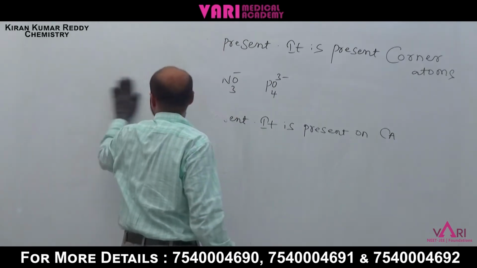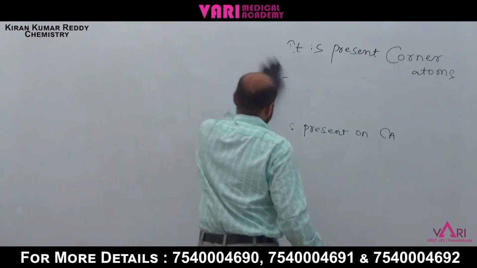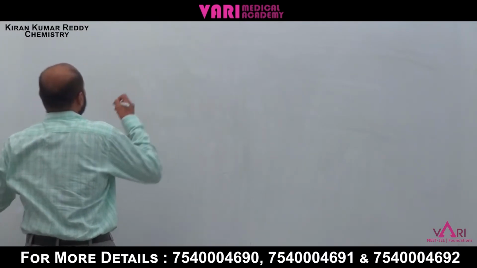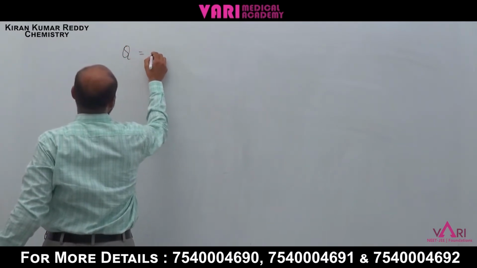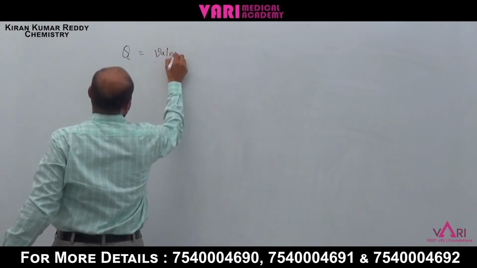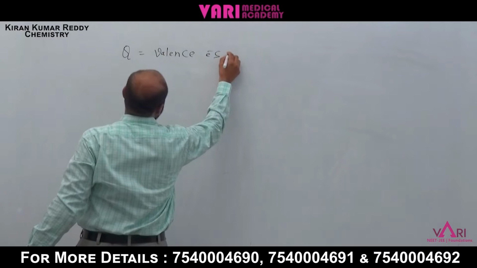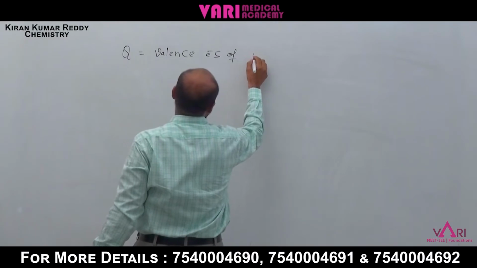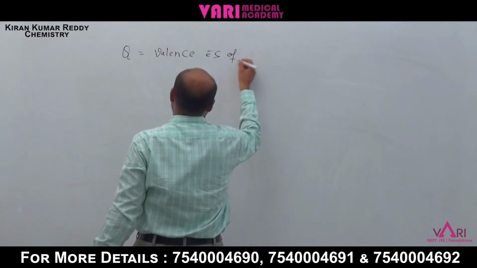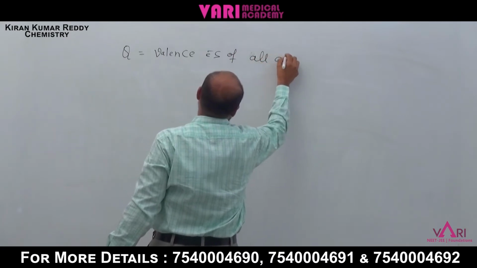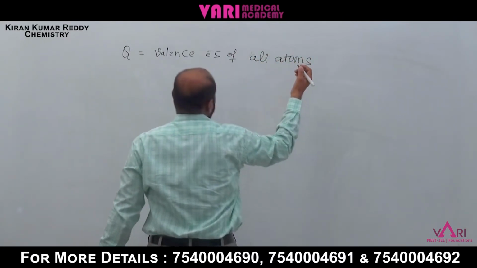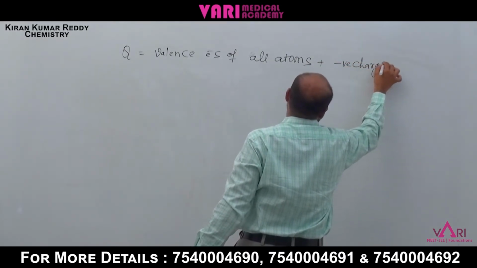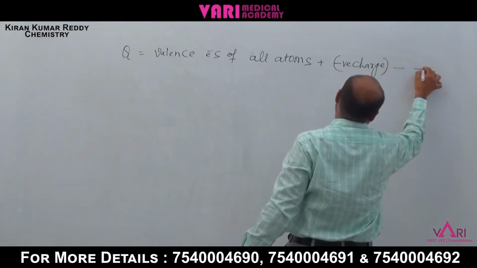Next, what are the rules we have to write? First one. Now I am writing Q. Please remember these words, very important while you are writing any structure. Q is equal to valence electrons of all atoms plus negative charge minus positive charge.